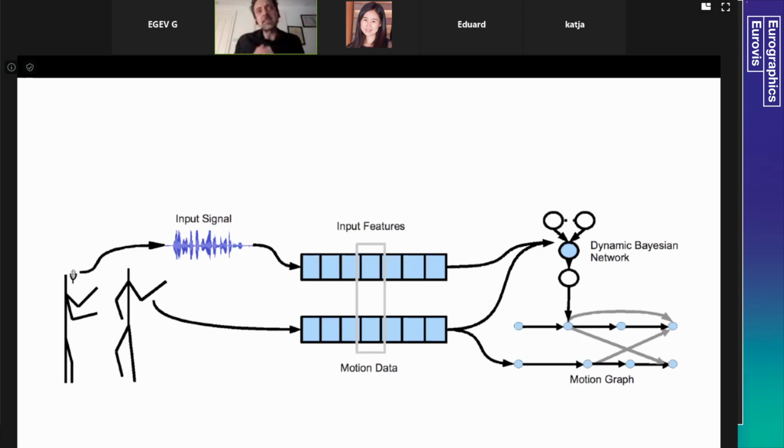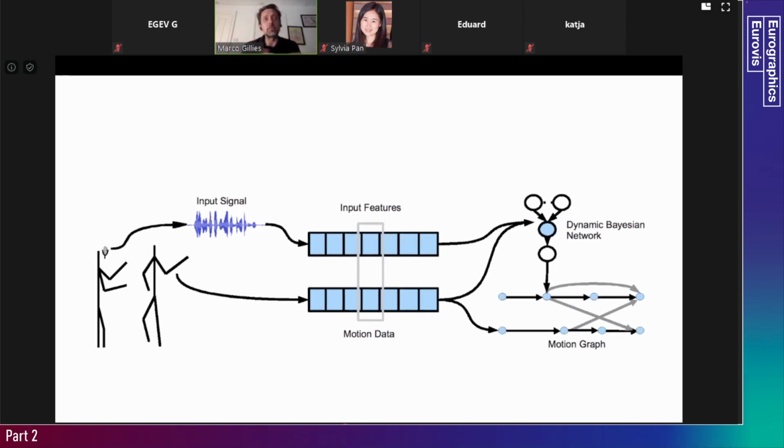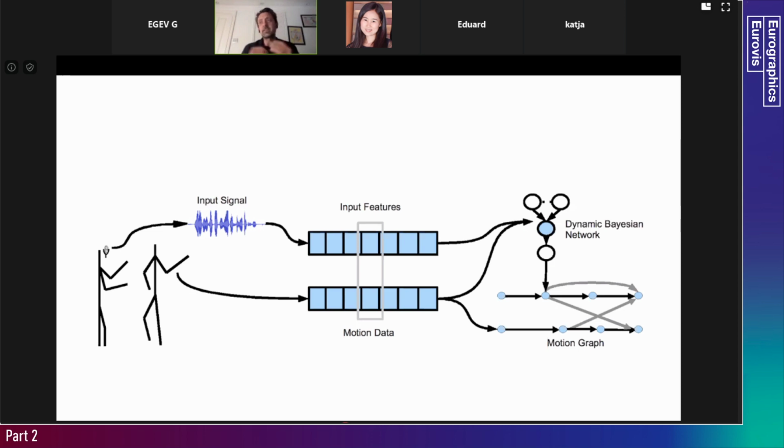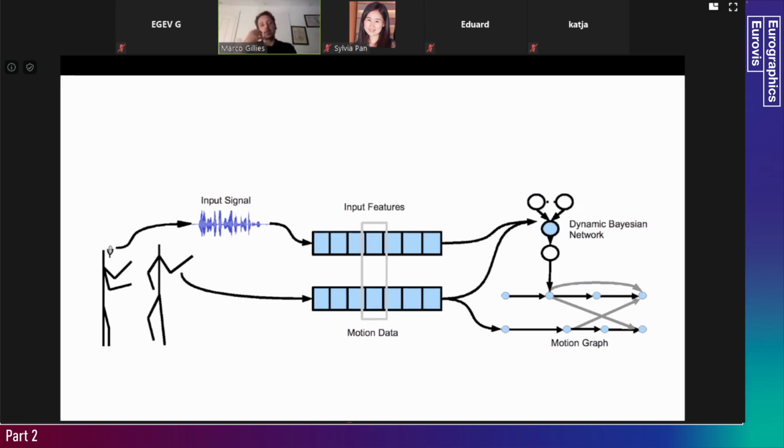Now, one of the challenges of all these kinds of behaviors is that human behavior is very complex. There are a lot of signals that you can interpret, and, as human beings, we can effortlessly understand them, but that doesn't mean we actually know how we do it.